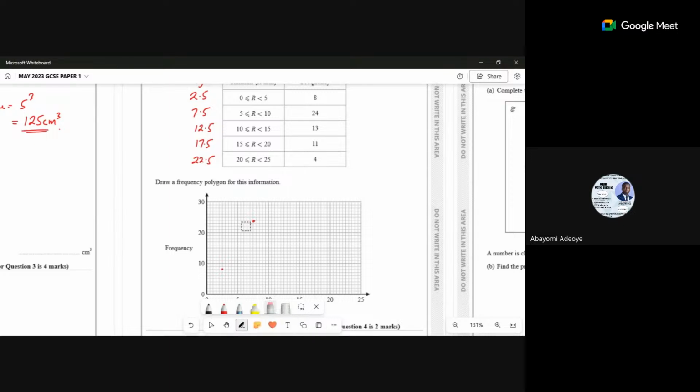All right. So the next one is 12.5. 12.5 to what? 13. So 12.5 to 13. This is 10, 11, 12, 13.